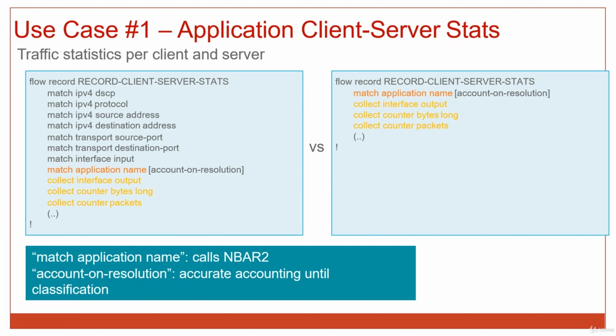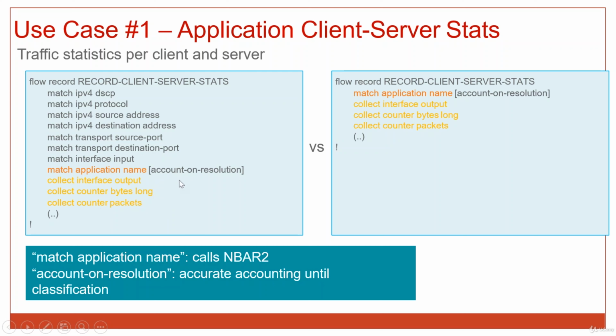The point here is that at what particular point and how many match statements we need, how many collect statements we need, and that depends upon what exactly we want to analyze. So for example, in client and server communication, here you can see that for the client server state, you can go and match the DHCP protocol, addresses, source port, destination port, and in the non-key item, the interface output, bytes, packets, plus the application name.